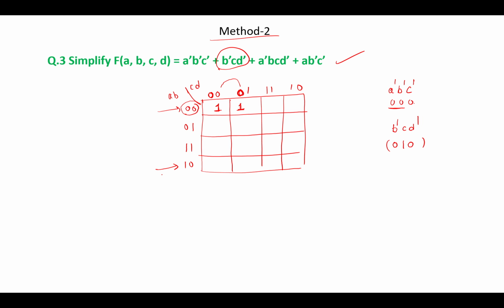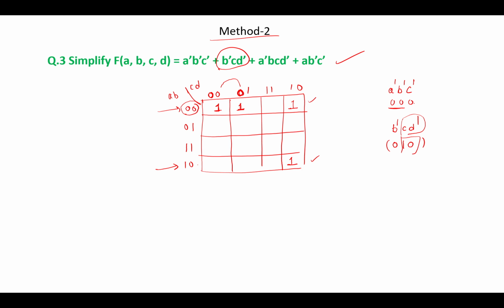Okay, and this C D bar means 1 0. That means there is a possibility to include one min term here. Because here your B value is 0, that means there is this position and this position, because C D bar is 1 0.